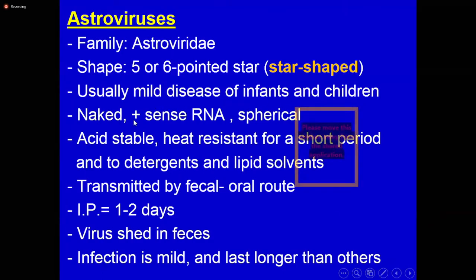Again, naked virus, positive-sense RNA, spherical, acid stable, heat stable, and also resistant to detergent and lipid solvent. Transmitted by the fecal-oral route. Incubation period is short, 1 to 2 days. The infection is usually mild, but may last longer.